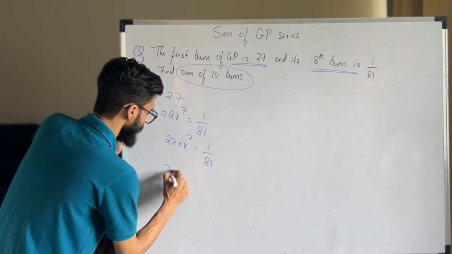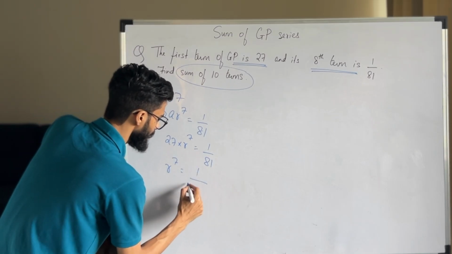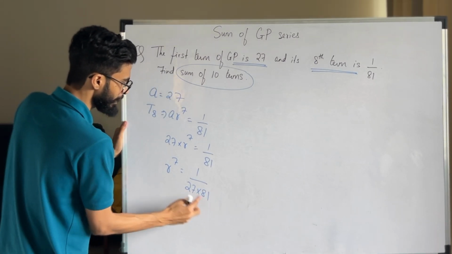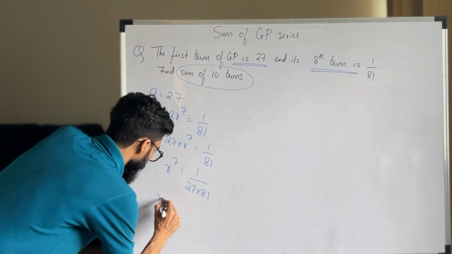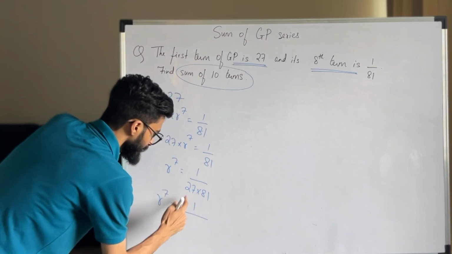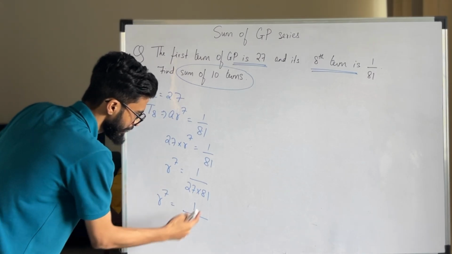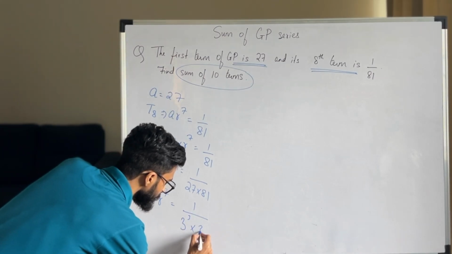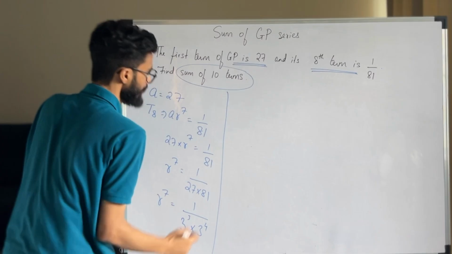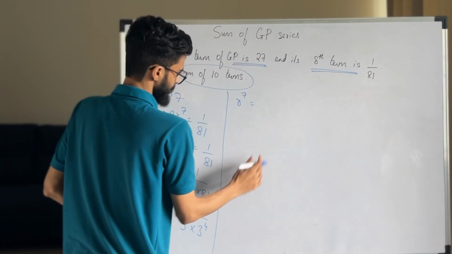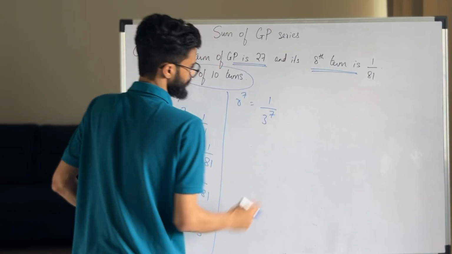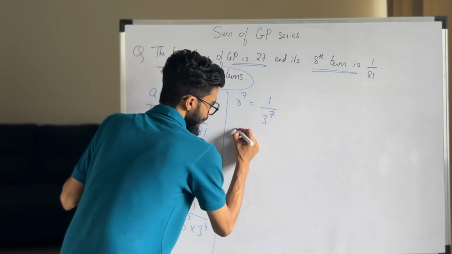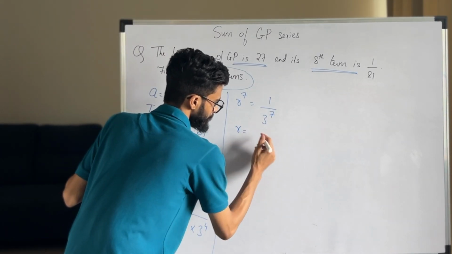If I send 27 here, r raised to 7 is 1 by 27 into 81. If I write this in powers of 3, this is 3 raised to 3 and this is 3 raised to 4. Therefore, r raised to 7 is 1 by 3 raised to 7. If I take the 7th root on both the sides, I will get r as 1 by 3.